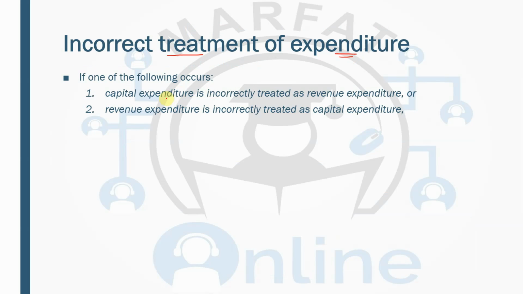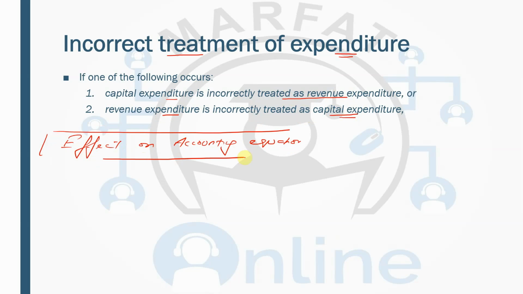So it is possible that capital expenditure is incorrectly treated as revenue expenditure or revenue expenditure is incorrectly treated as capital expenditure. What is going to be the effect? This is the thing you need to understand: the effect on the accounting equation.